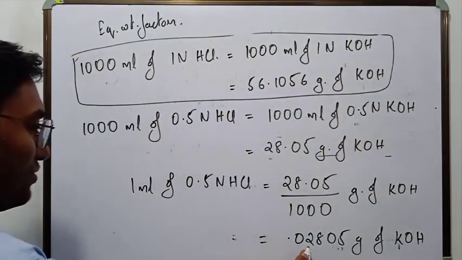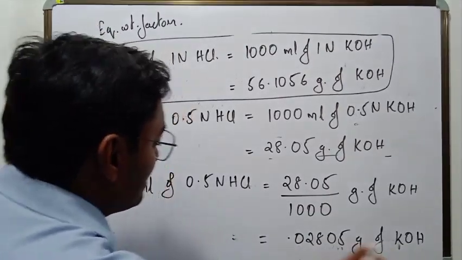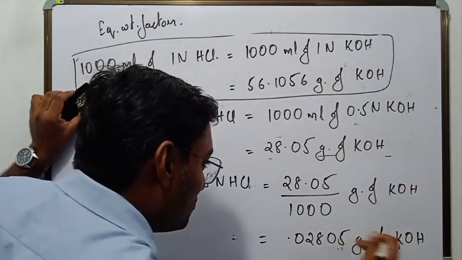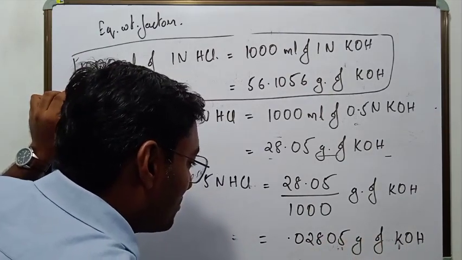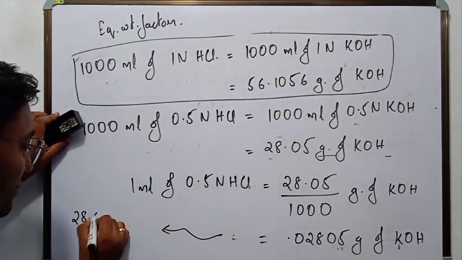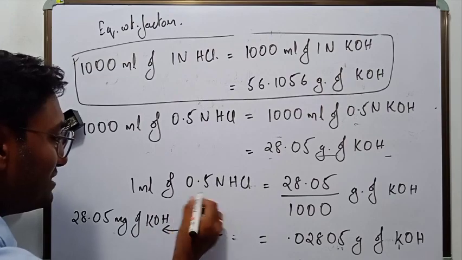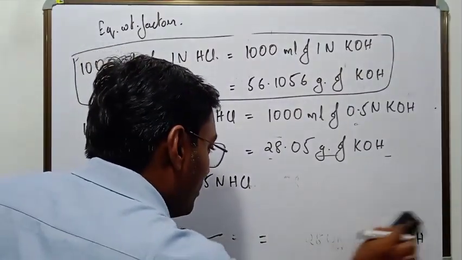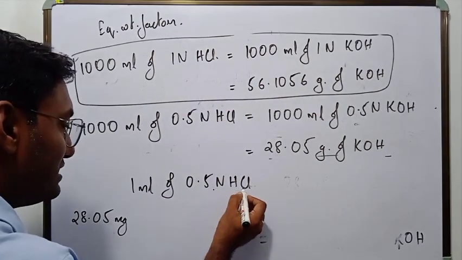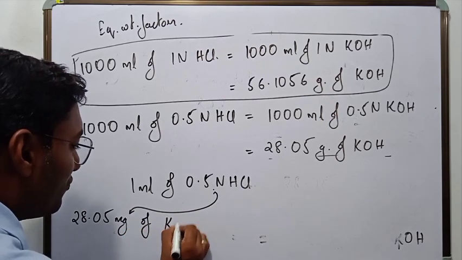Now the definition is milligrams of KOH required, correct? So you convert this into milligram. How will you convert it into milligram? By multiplying it by 1000. If you convert it into milligram, you will get 28.05 milligram of KOH. That is, 1 ml of 0.5 normal HCl is equivalent to 28.05 milligram of KOH.